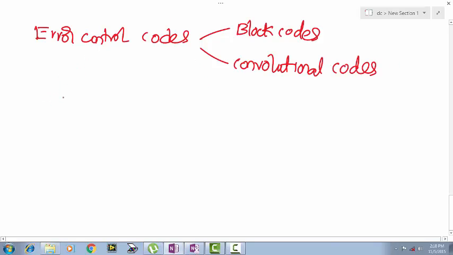Block codes we already discussed. So linear block codes, and they are systematic codes. Suppose in block coding, let us say this is the encoder.